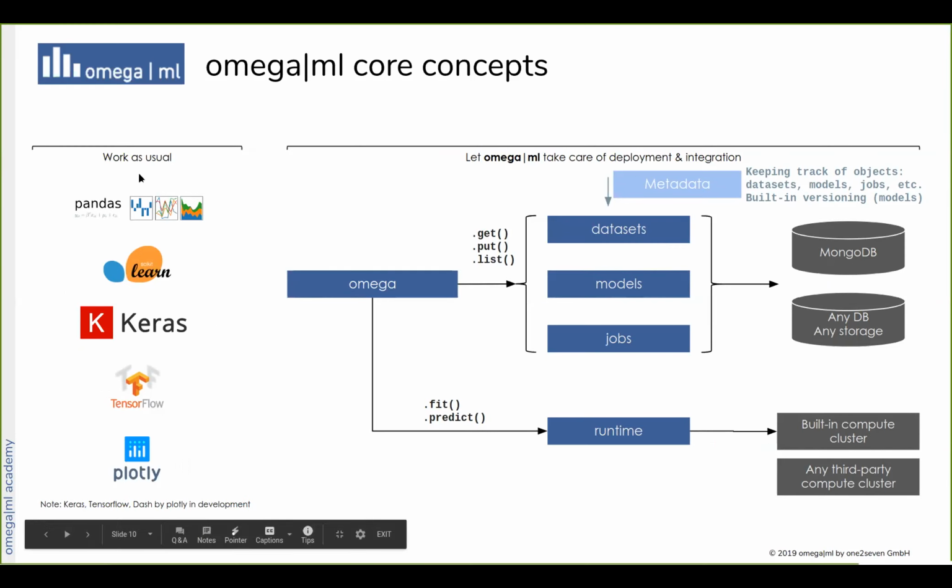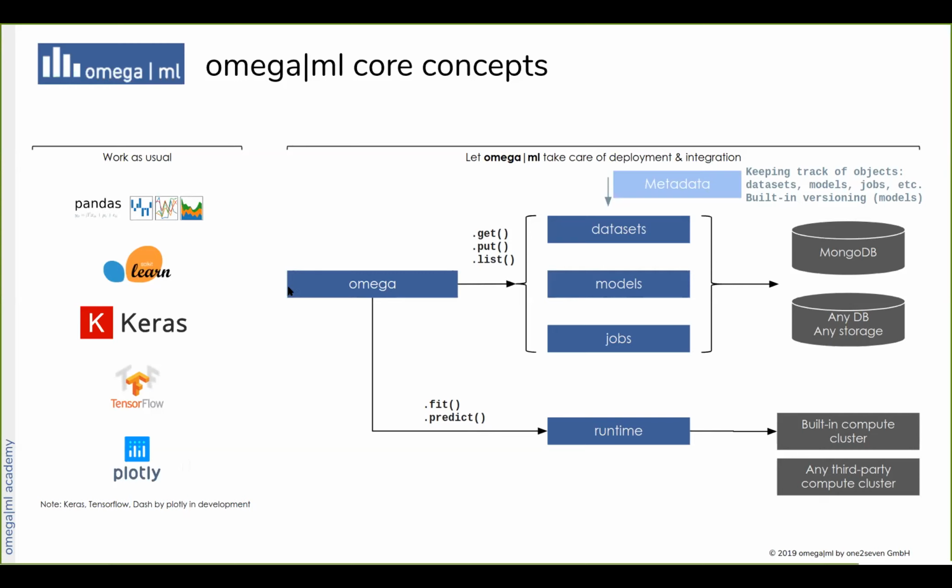And Omega ML doesn't change any of that. What Omega ML provides is the infrastructure that you need in order to deploy and collaborate on data, models, notebooks, and using the cloud for running your jobs.